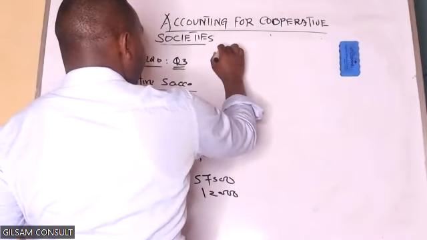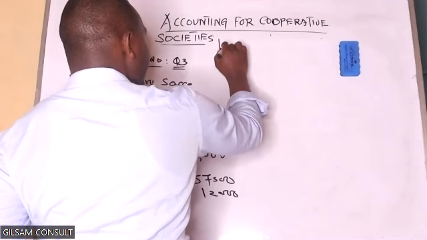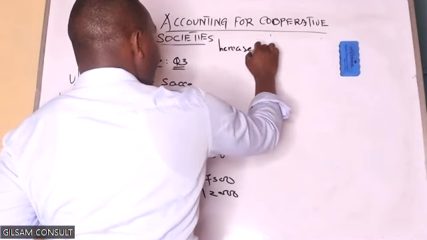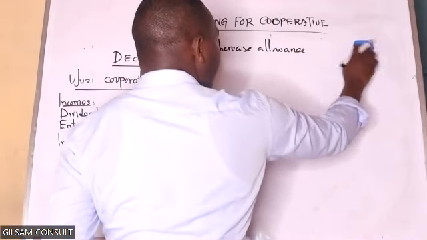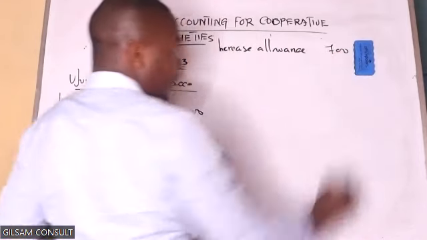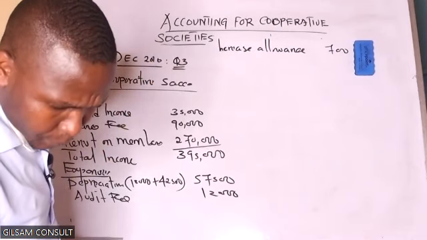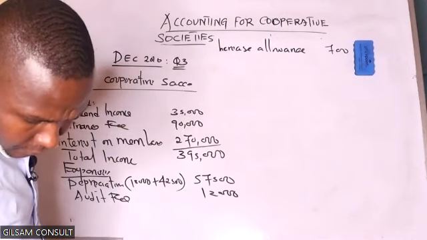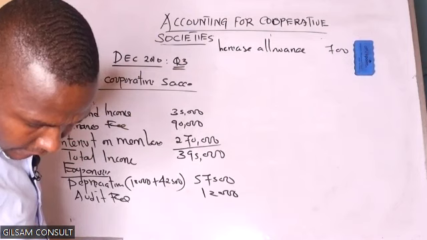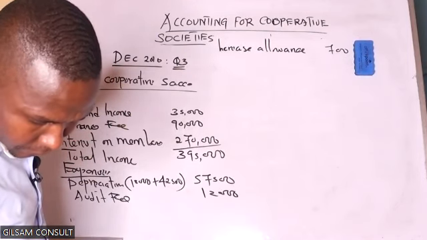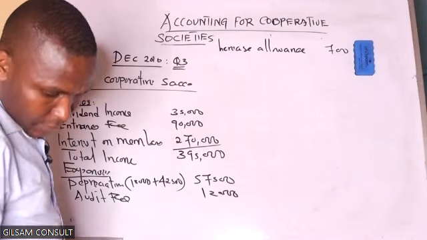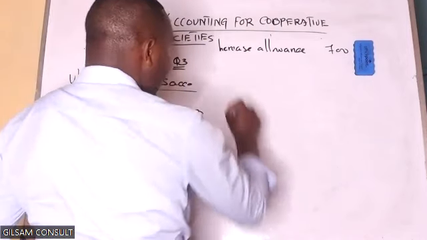So we have increase in allowance of doubtful debt, 700. Number 4, it is a dividend. Number 5, an additional provision is to be made for committee honoraria.